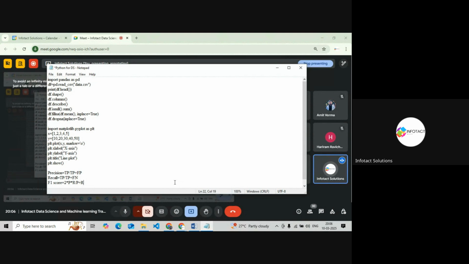ROC curve is the graphical representation of a classification model's performance at different thresholds. It helps to evaluate the trade-off between sensitivity, that is recall, and specificity. In the ROC curve, the x-axis represents the FPR, false positive rate: FPR is equal to false positive upon false positive plus true negative.